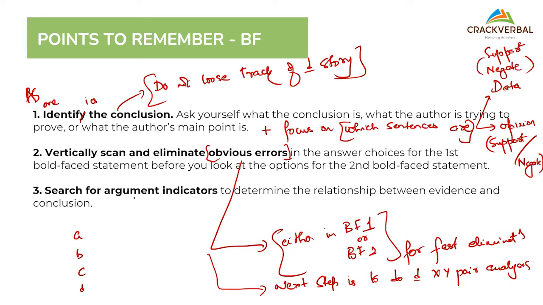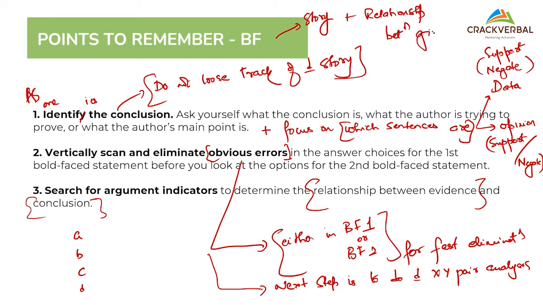And last, please search for argument indicators to determine the relationship between the evidence and the conclusion, if any. This is something that I've already mentioned. So the ultimate goal of boldface is to know the story and the relationship between the given sentences. This is what we are looking at.